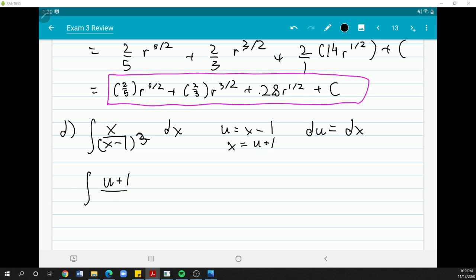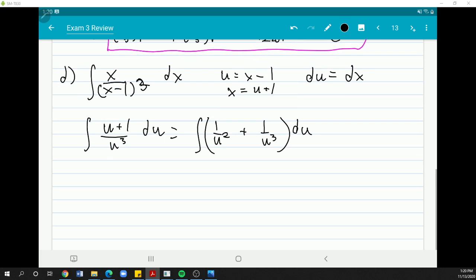So I'm going to have u plus 1 over u cubed du equals the integral of 1 over u squared plus 1 over u cubed. I can split up that fraction and then the u's are going to cancel. Du equals integral of u to the minus 2 plus u to the minus 3 du.